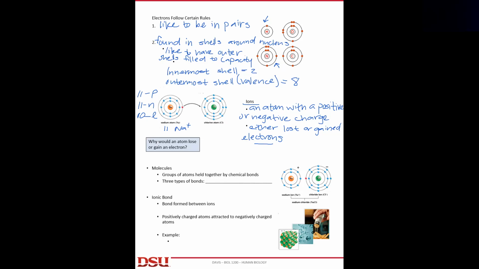Okay, let's look at chlorine. Chlorine has an atomic number of 17. Chlorine becomes a negative ion. So in this negative ion, it's got to have 17 protons, because if it had one less, it would be sulfur.